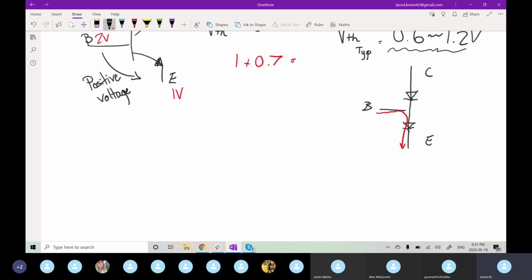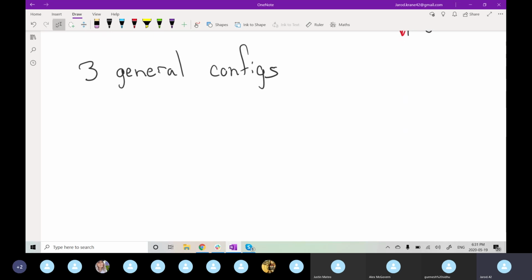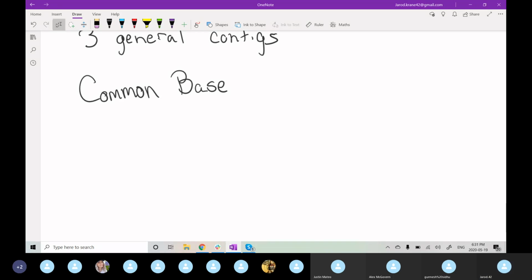Then we hit, yeah, so we can typically break up our transistor into 3 general configurations, being your common base, common emitter, and then common collector.